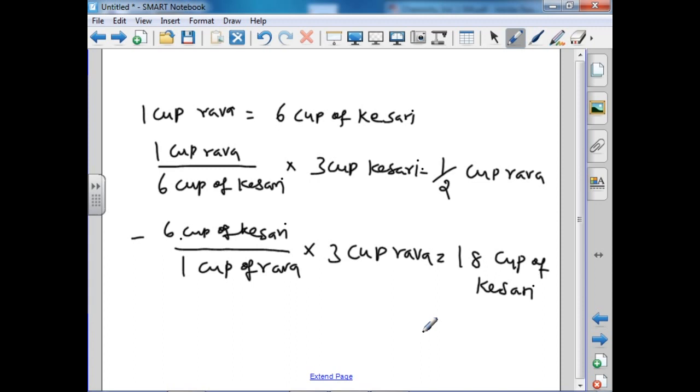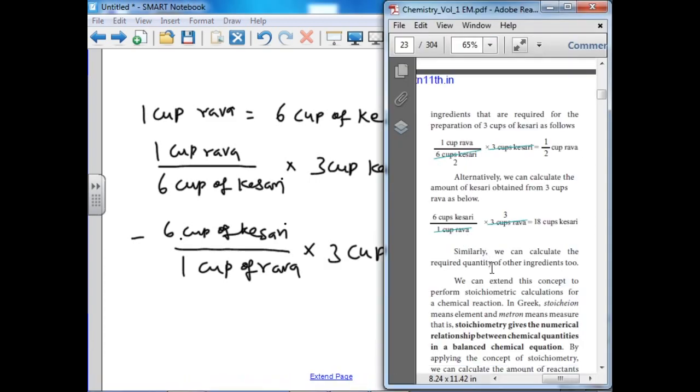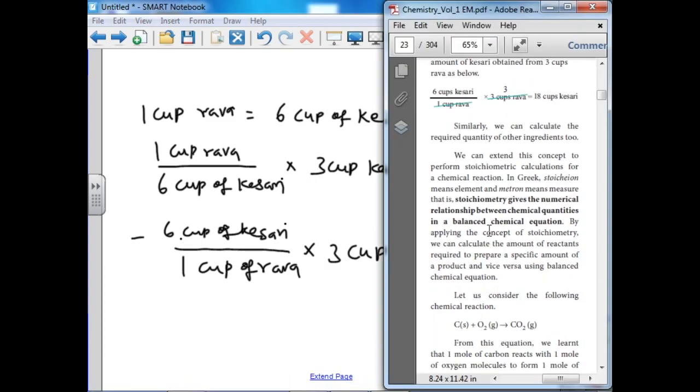So 3 times 6 equals 18 cups of kesari we can prepare from 3 cups of rava. Similarly, we can calculate the requirement of the other ingredients too. So we can extend the concept to perform stoichiometry calculations for chemical reactions.